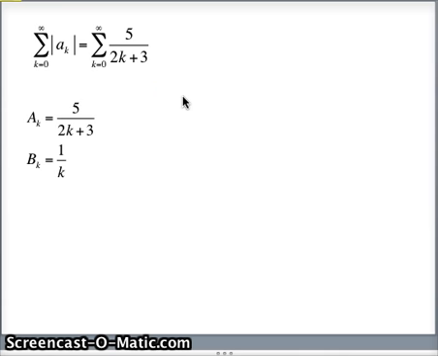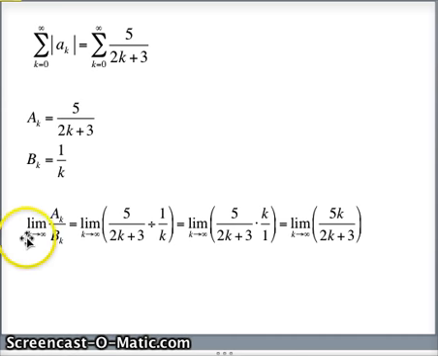So with the limit comparison test, we take the limit of A sub k divided by B sub k, and we hope to get a positive finite number. If it's a positive finite number, both series are of the same type. The limit of A sub k over B sub k is the limit of 5 over 2k plus 3 divided by 1 over k.